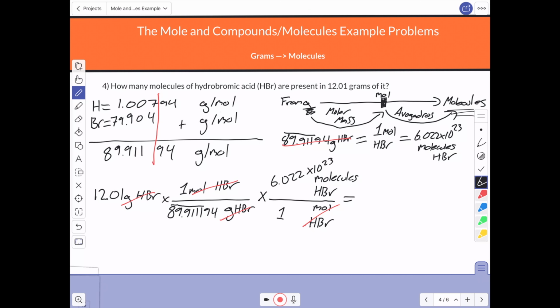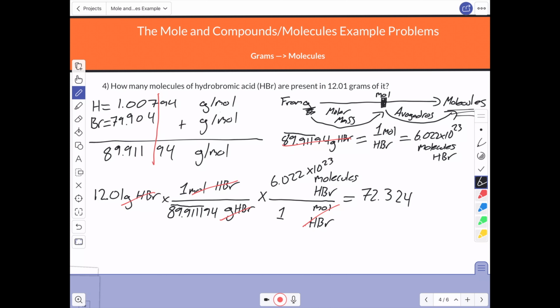We're going to multiply across the numerator, 12.01 times 6.022. That is 72.32, we'll say 4 to that for our sig figs.